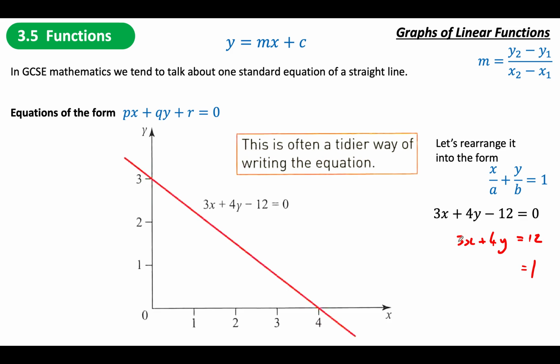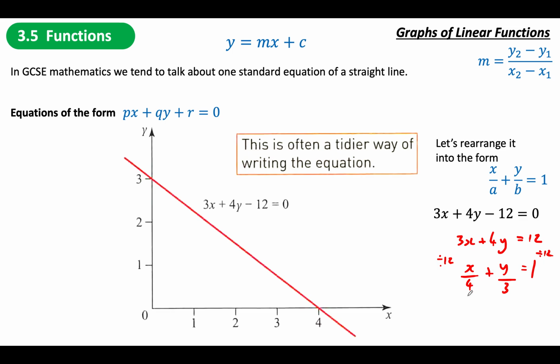Now, 3 over 12 is the same as 1/4, so that's now x over 4. And 4 over 12 is the same as 1/3, so that's y over 3. I have just divided everything by 12, and when I simplify, I get this.